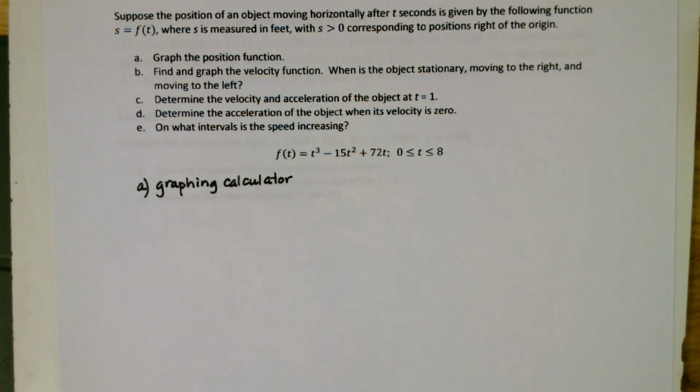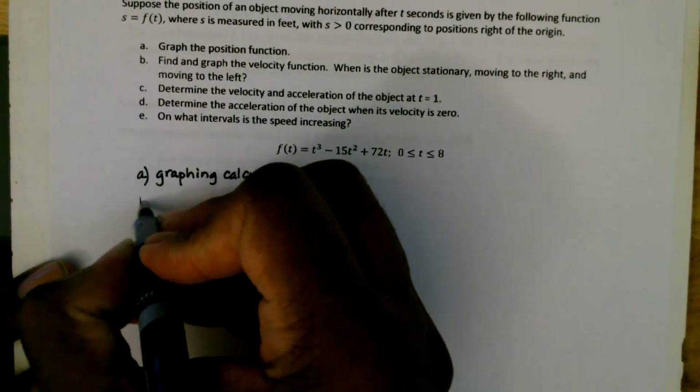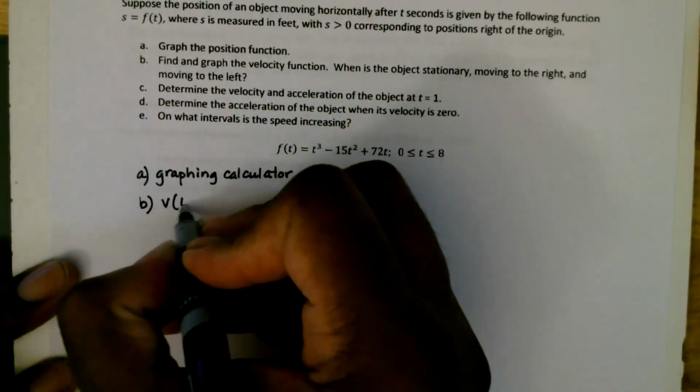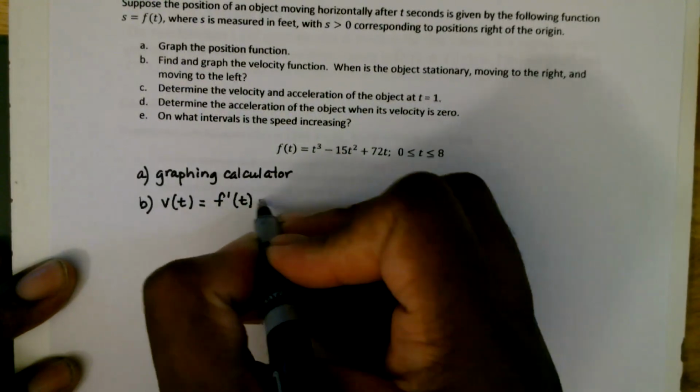And now part B is to find and graph the velocity function. So your velocity function v of t is going to be the derivative of f of t.